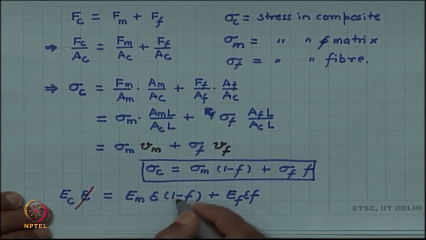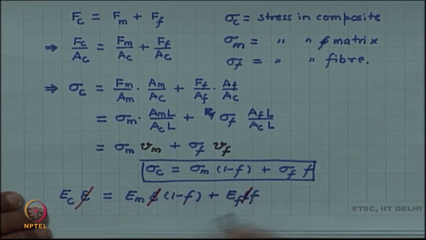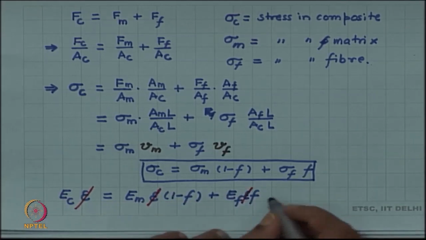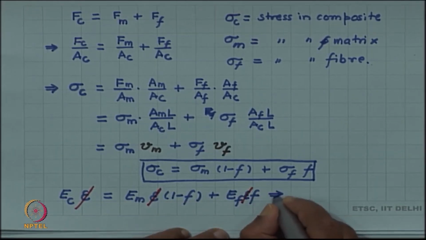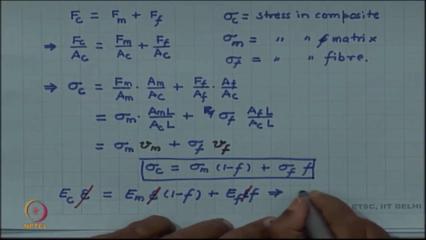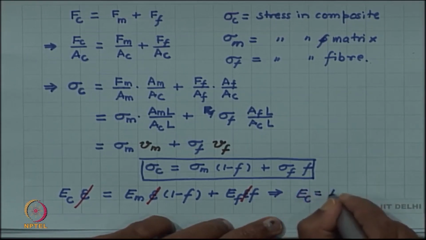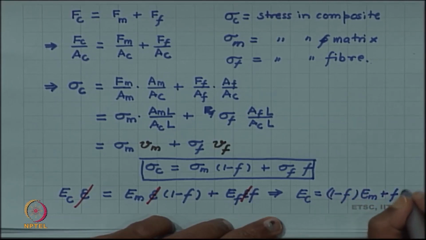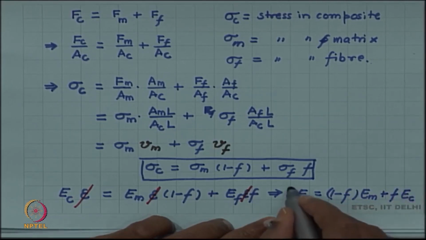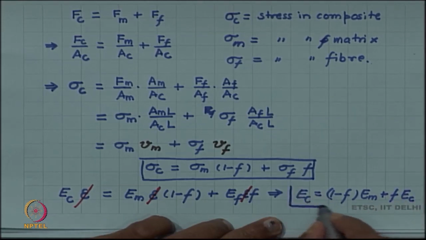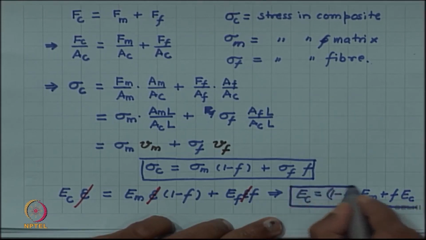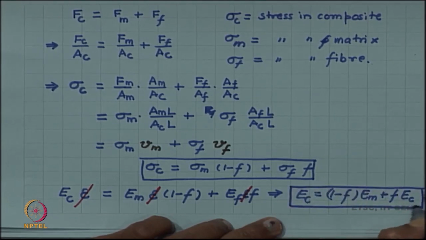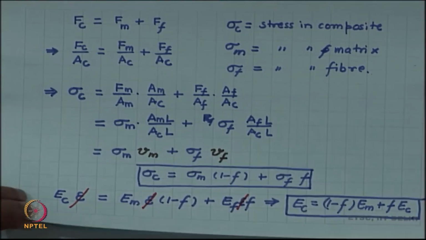So, this epsilon of course cancels out from this equation, finally leading us to a relation identical to the stress, that E c is nothing but 1 minus f times E m plus f times E f. Again a rule of mixture or weighted average kind of formula for this modulus also.